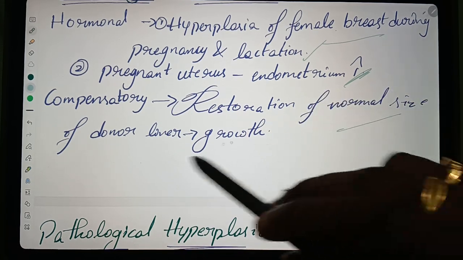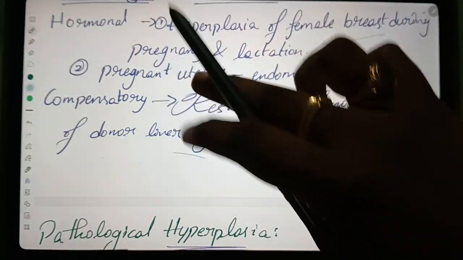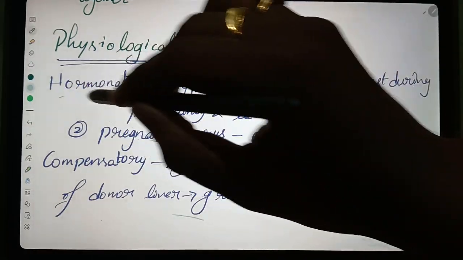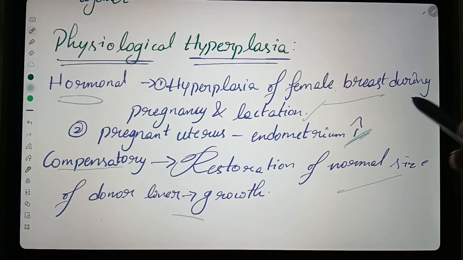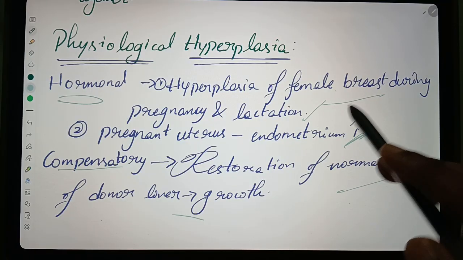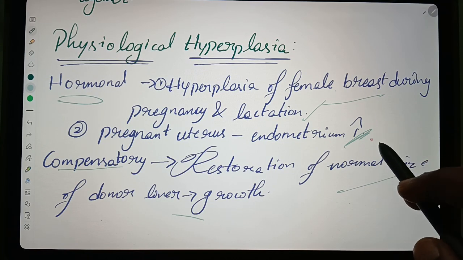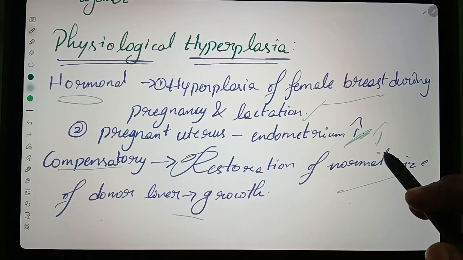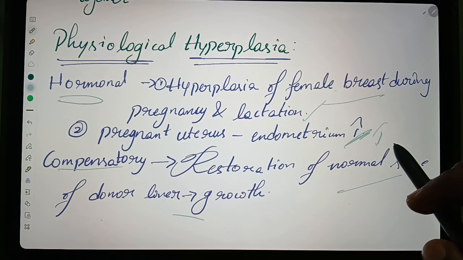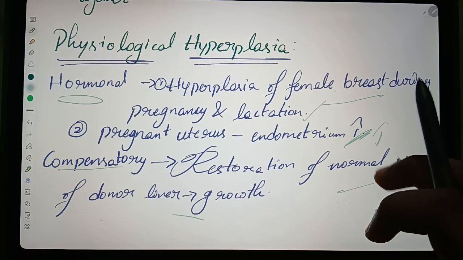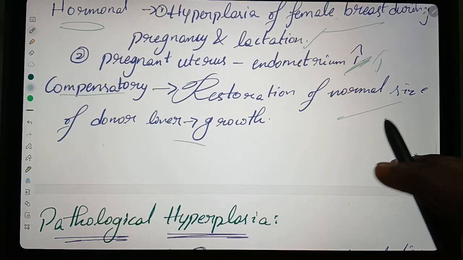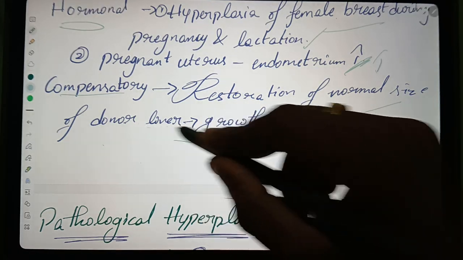Hormonal is the increase of breast size and endometrial wall during pregnancy and lactation. Compensatory is the restoration of the normal size of a donor liver.